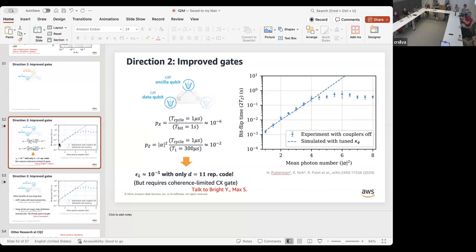This gives 5 orders of magnitude more. We're not there yet, but we don't know what the limit is. Of course, it's very challenging to do that with this kind of coherence limit. This is really where the crux of the matter is. We are working on that. Even to get this 10 to the minus 5 we don't have yet, so maybe that will be very hard.